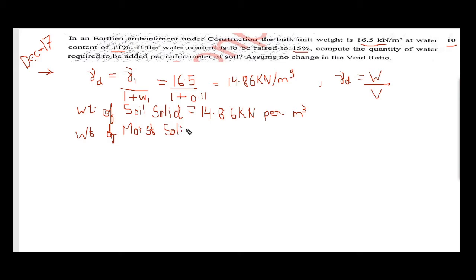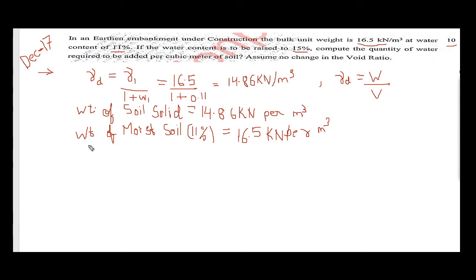The weight of moist soil at 11% water content is equal to the bulk unit weight, which will be 16.5 kilonewton per meter cube, because the unit weight formula is the weight of the moist soil divided by the total volume of the soil.